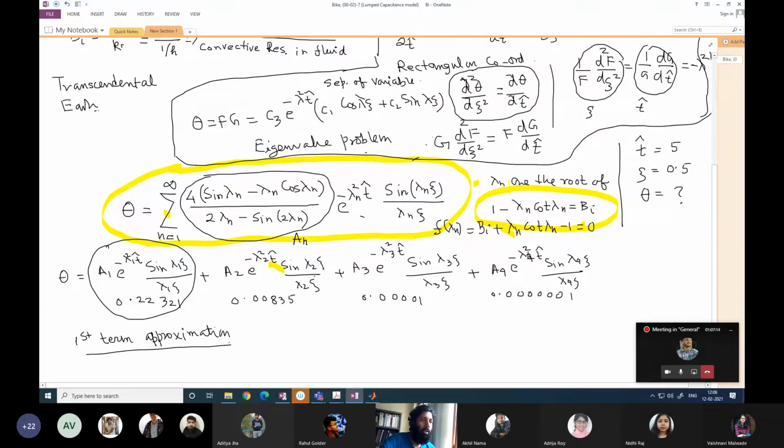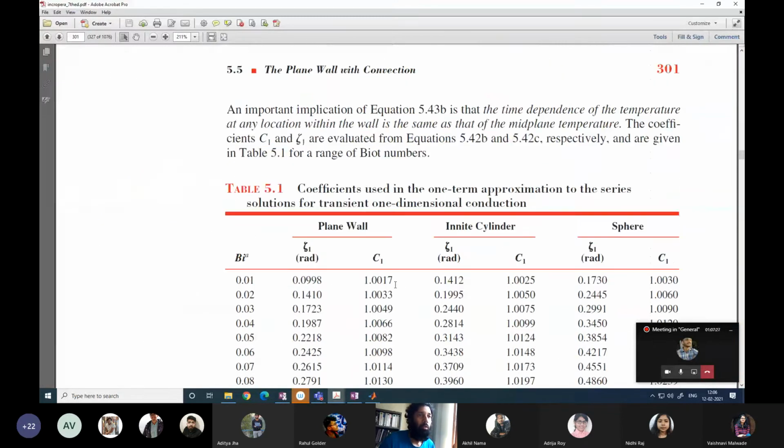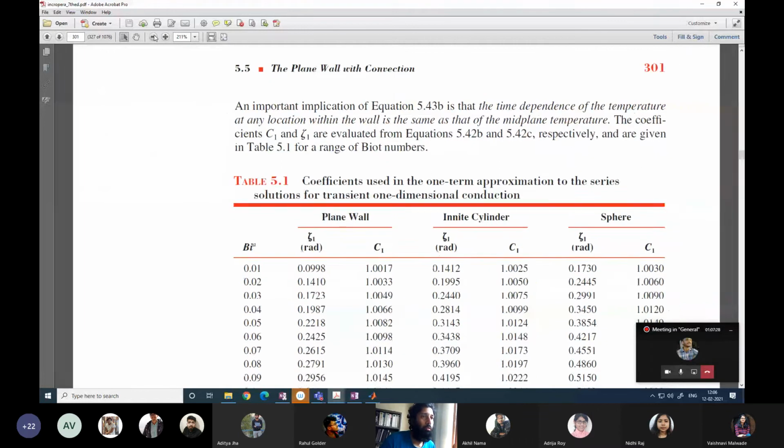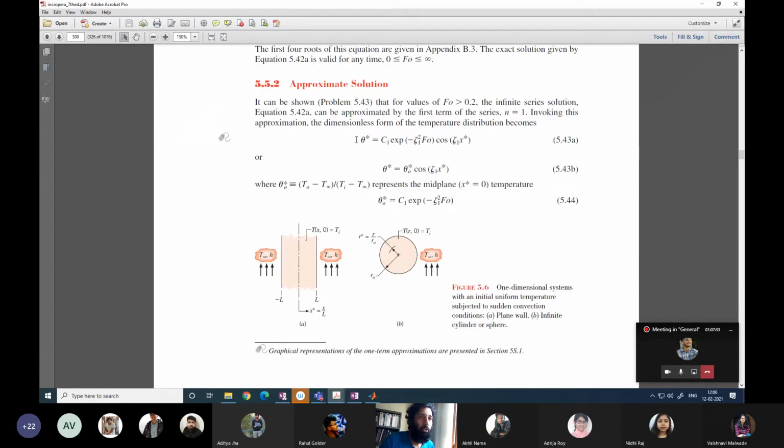So the table that I have shown you basically approximates theta as A1. Just let me check exact. So this is the first term approximation for a sphere: C1 exponential minus zeta square t hat.